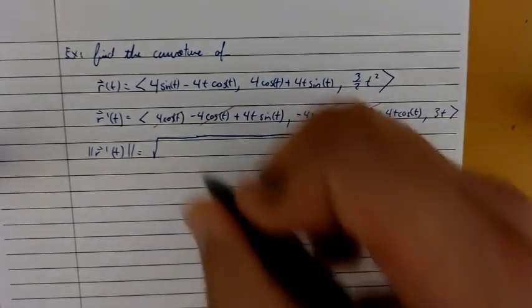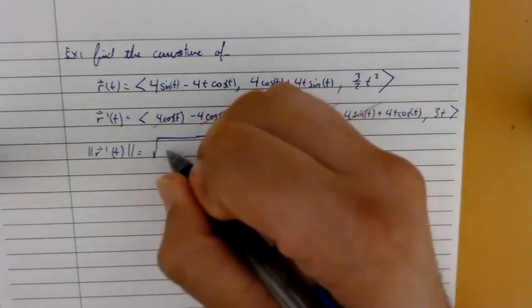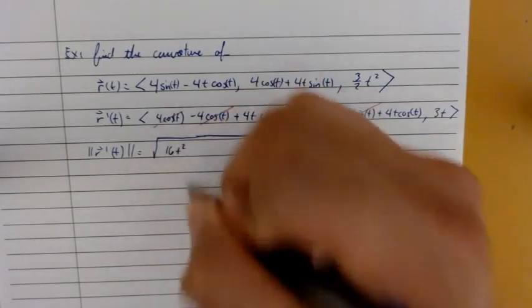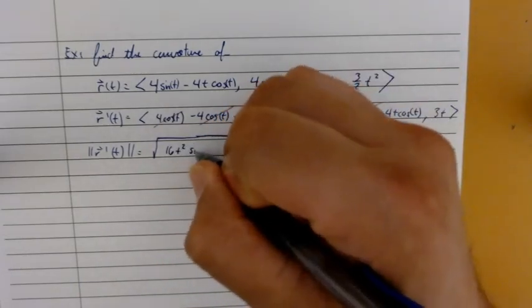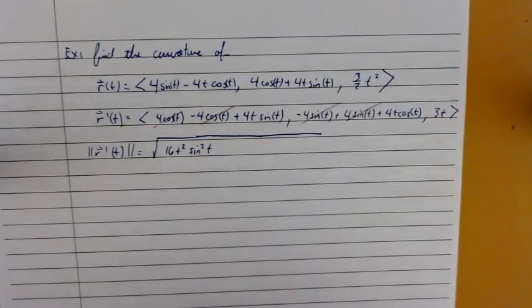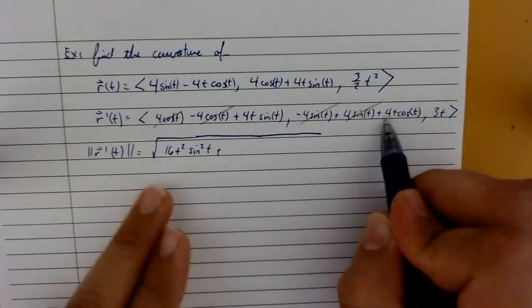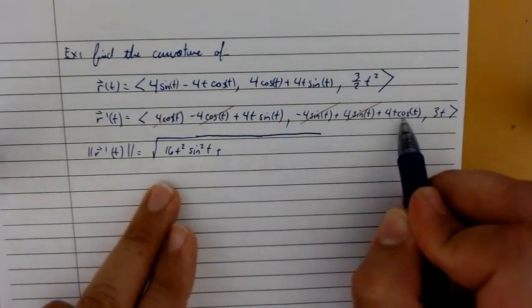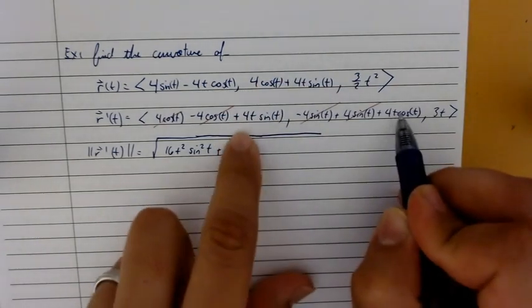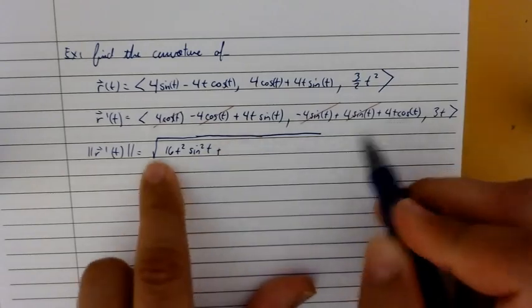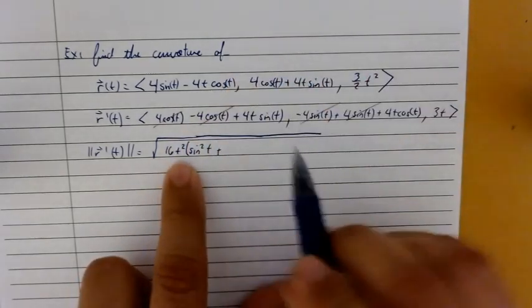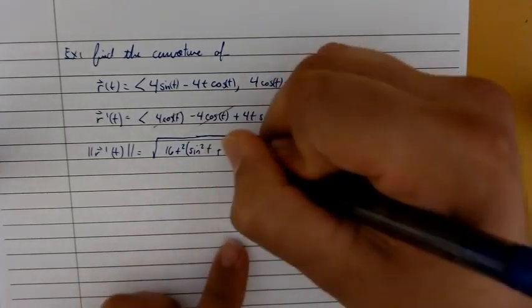Okay, that's much nicer. So if I square this, that's going to be 16t squared times the sine squared of t. Plus, if I square this one, that'll also be 16t squared times the cosine squared of t. Those have a common 16t squared, which I'll factor out, and I'll just be left with sine squared of t plus cosine squared of t.